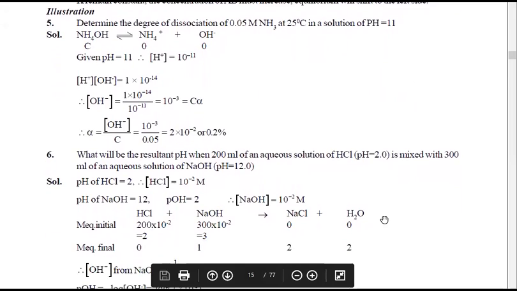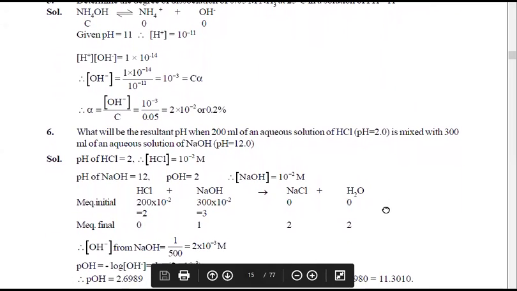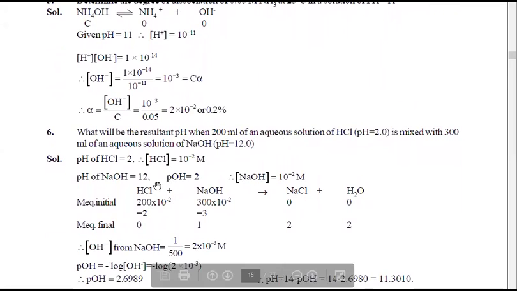Now, if you see the reaction, you will get to know that H plus is consumed. Yes, pH is approximately 11, because pOH is 2, so the concentration of NaOH is 10 to the minus 2. Multiplying by volume, you will get the number of moles.